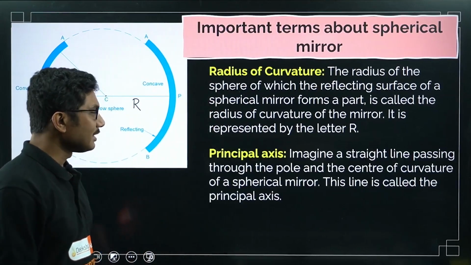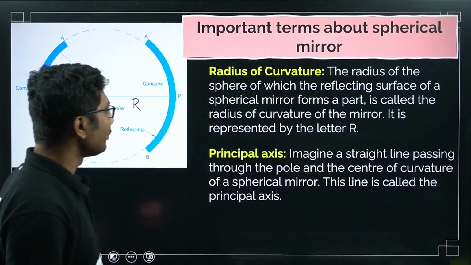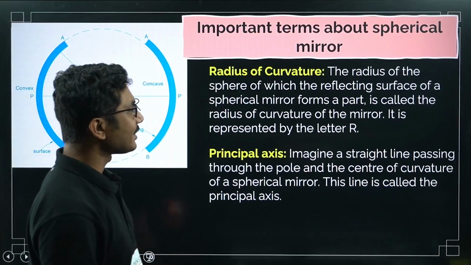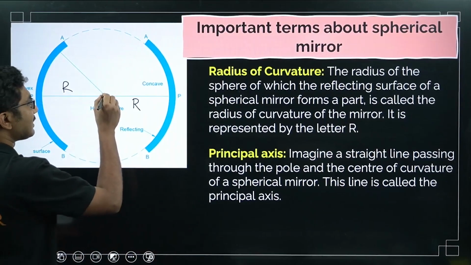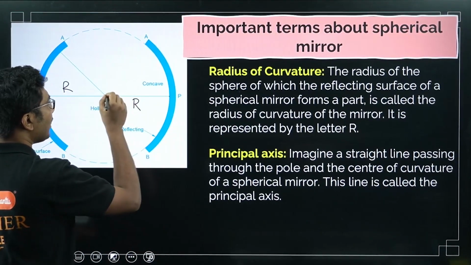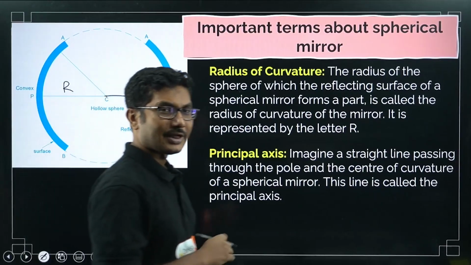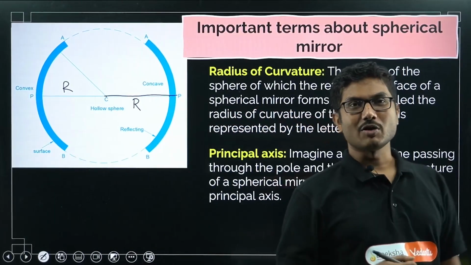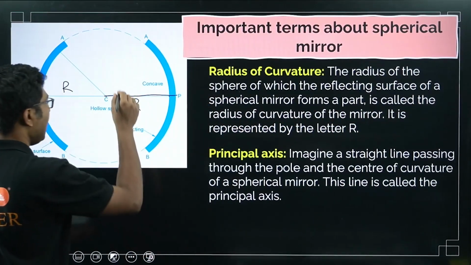Next is principal axis. Imagine a straight line passing through the pole and the center of curvature of a spherical mirror. This is called the principal axis. If you consider a straight line that passes through both points, the center of curvature and the pole, then that line is called the principal axis. So this is the principal axis.